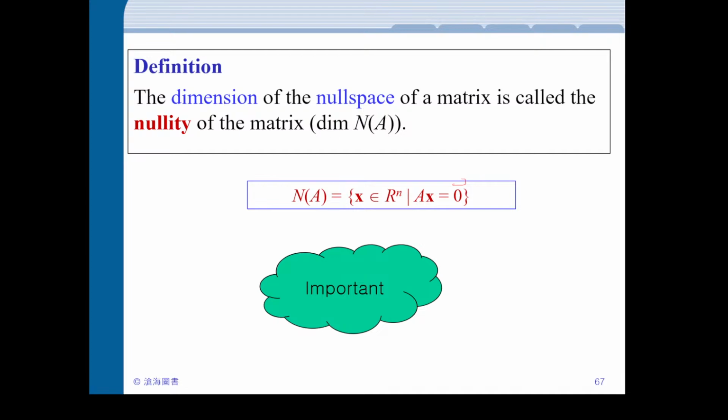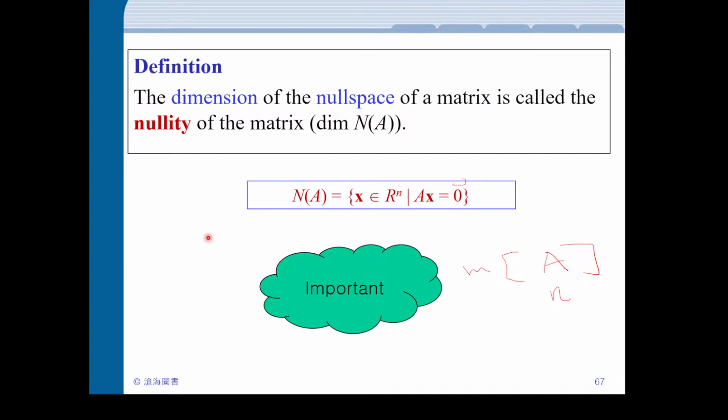Remember, the null space is the space of solutions of Ax equals 0, and x is a vector of length n. Remember A is n by n, so the length of this x will be the same as the width of A. Okay, and so this is the definition of nullity.